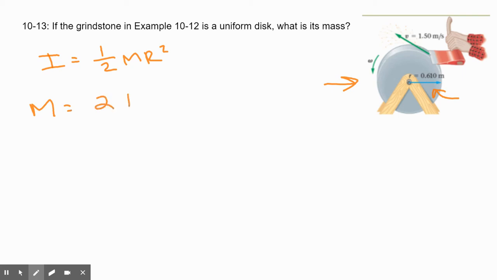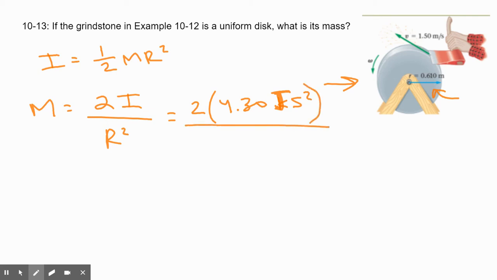Let's rearrange and we get m equals 2I over r squared. Plug it all in: 2 times the inertia, which was 4.30 joules seconds squared, divided by 0.610 meters, that's my radius, and we're going to square that.